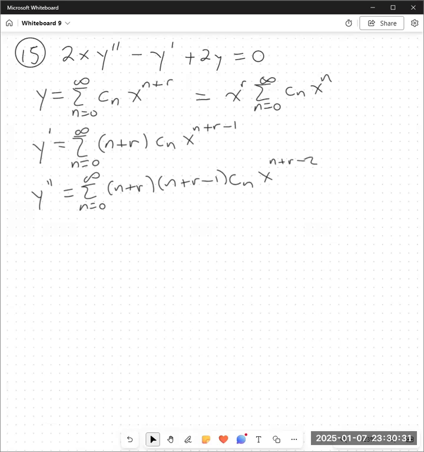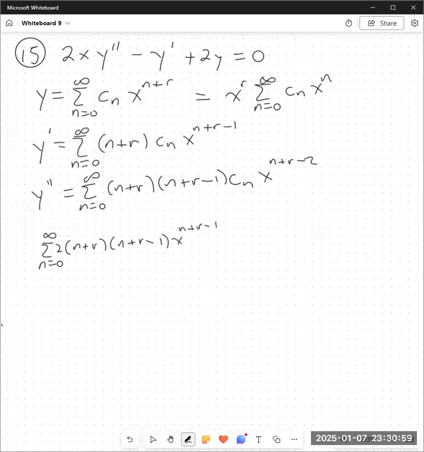All right, so let's go ahead and look at what 2 times the second derivative is going to be here. So that's going to be the sum from n equals 0 to infinity, 2 times n plus r times n plus r minus 1, and an x makes this x to the n plus r minus 1.